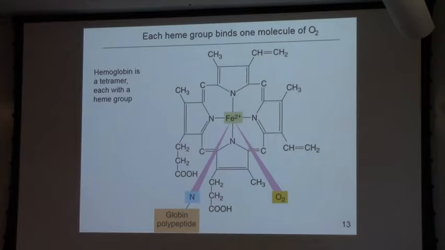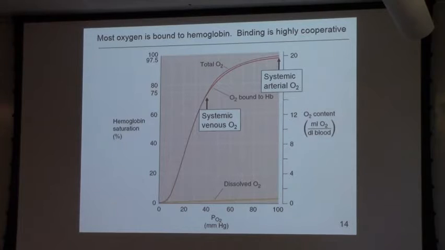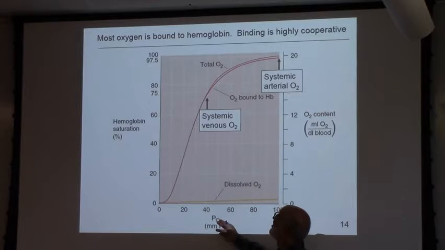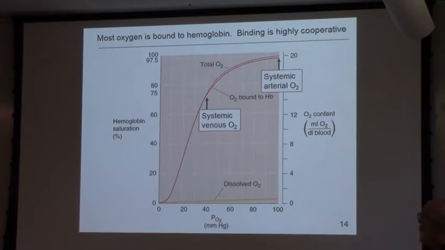So this is an important curve. This is plotting the percent of hemoglobin that is saturated as a function of the partial pressure of oxygen. This is the hemoglobin binding curve.